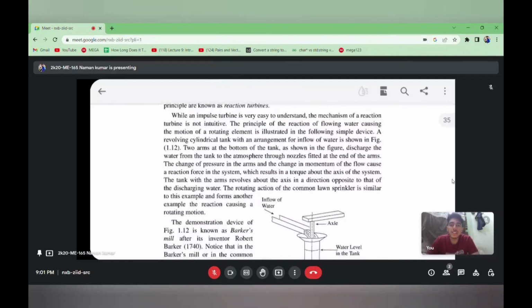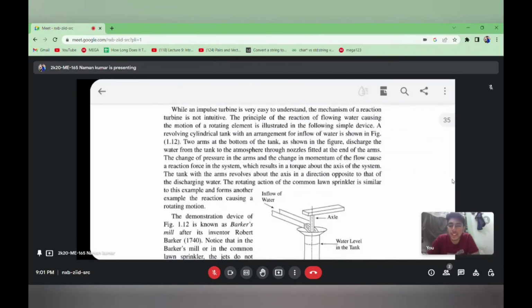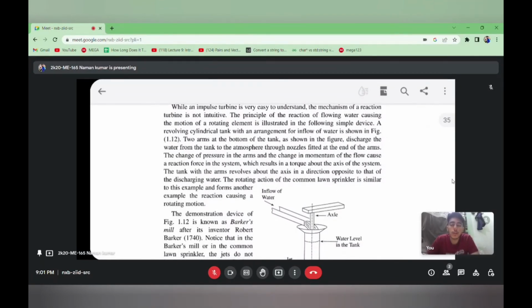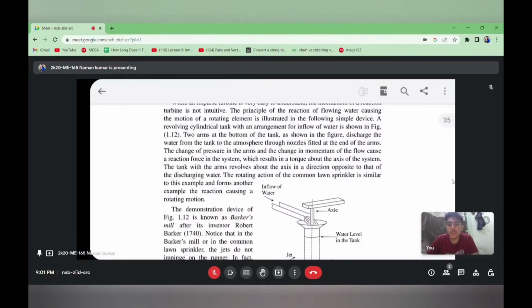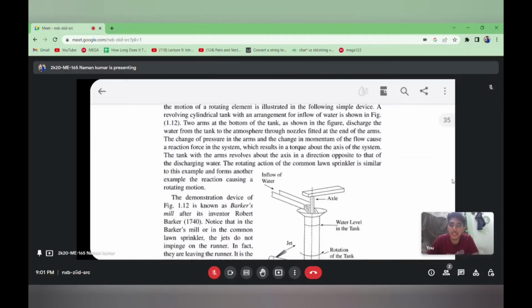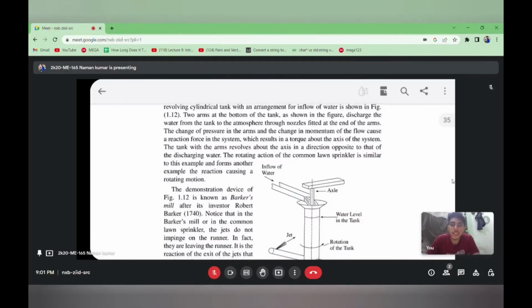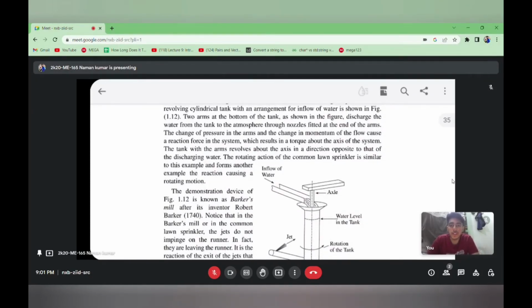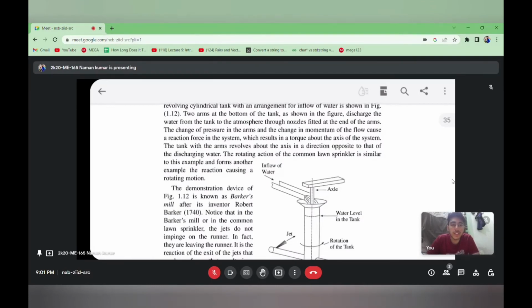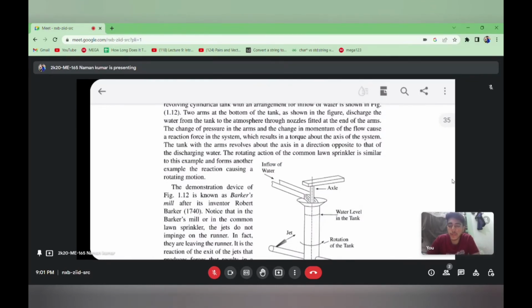While an impulse turbine is easy to understand, the mechanism of a reaction turbine is not intuitive. The principle of reaction of flowing water causing the motion of a rotating element is illustrated in the following simple device. A revolving cylinder with the arrangement of inflow of water. Two arms at the bottom of the tank, as shown in the figure, discharge the water from the tank to the atmosphere through nozzles fitted at the end of the arms.